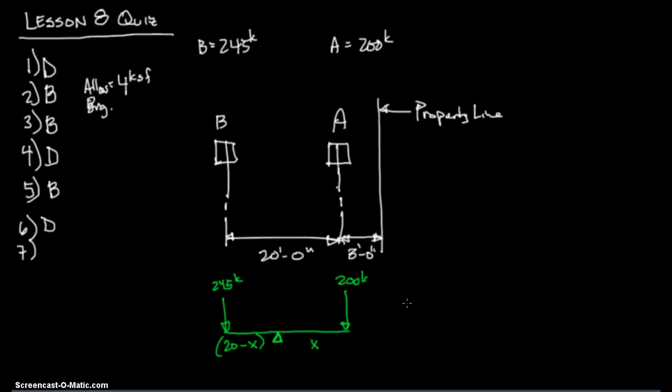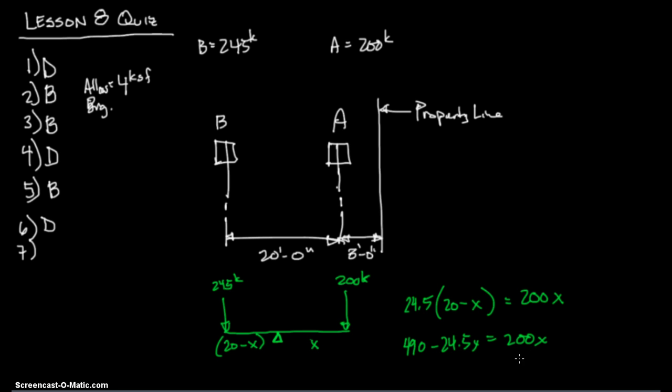So we know that 24.5. Let's go ahead and drop the units. x is going to be in foot. So 24.5 times (20 minus x) equals 200 times x. Let's multiply that out and then solve. Let me get my calculator here. 24.5 times 20, because I don't want to do that in my head, is 490. So you have 490 minus 24.5x equals 200x.